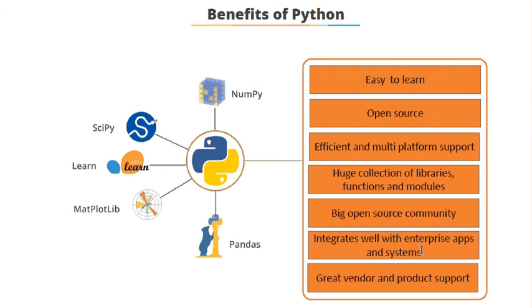Great vendor and product support. Python also provides very good vendor and product support. So if you are facing any issue in practice, in the production environment, they will provide a good amount of vendor support or product support.